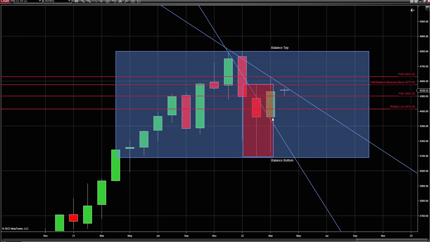And we expected a measured move all the way to 4577, which was the half balance move on weekly basis. So the market went a little bit on a higher side.